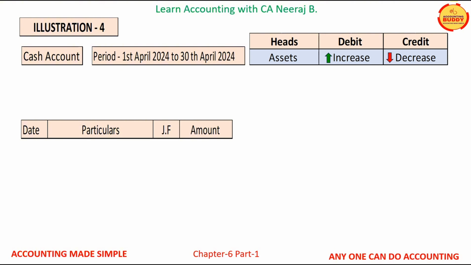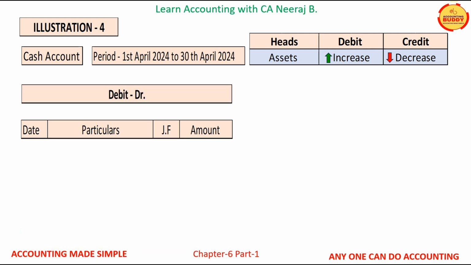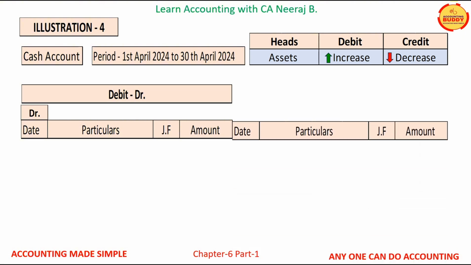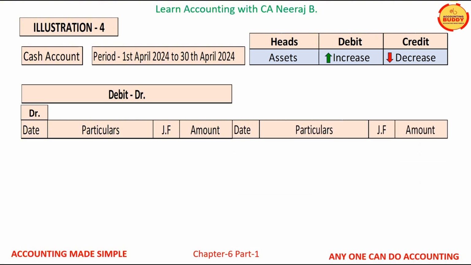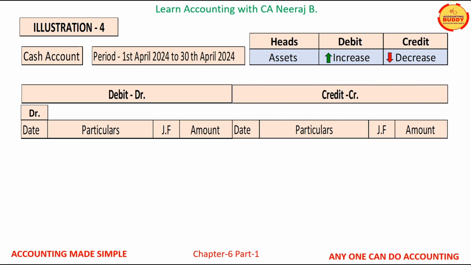Left hand side of an account is debit side and is denoted by the two letter word DR. Similarly, on right hand side of an account, we have four similar columns. Right hand side is the credit side and is denoted by the two letter word CR. As a result of a business transaction, if the assets increase, the asset account is debited, and if the assets decrease, the asset account is credited.